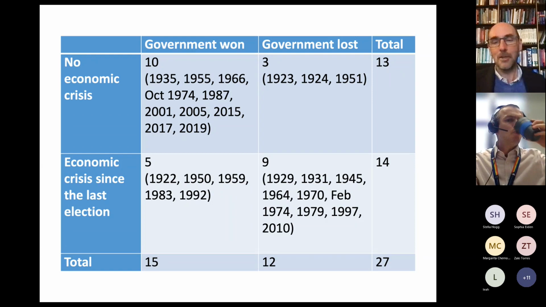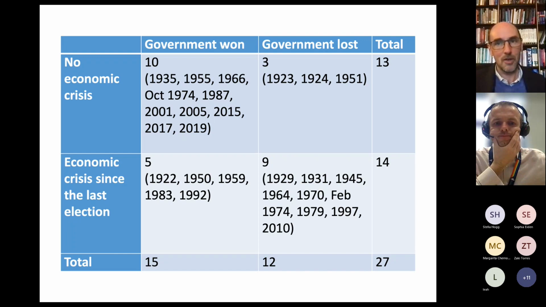And then because it was a seriously hung parliament, the minority Labour government in 1924 couldn't stay for very long. And so this election only happened because this election happened and shouldn't have done. And then here in 1951, Clement Attlee called an election because the Labour government was very tired and infighting too much.